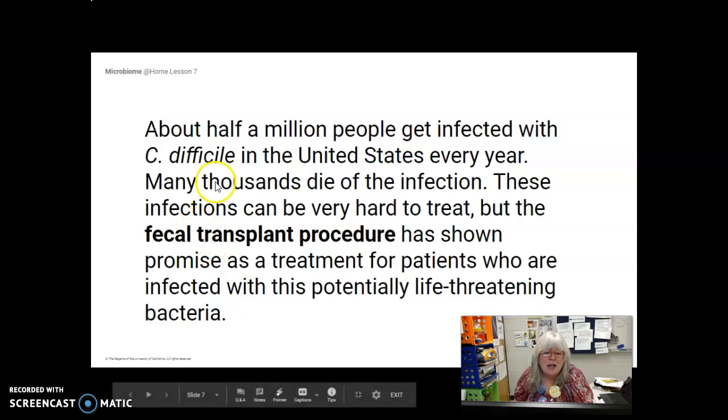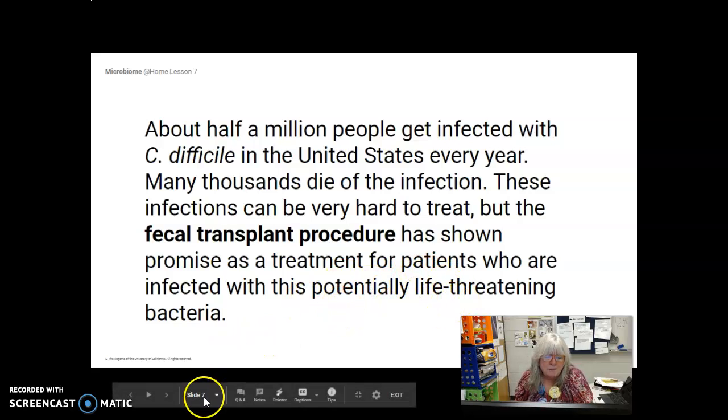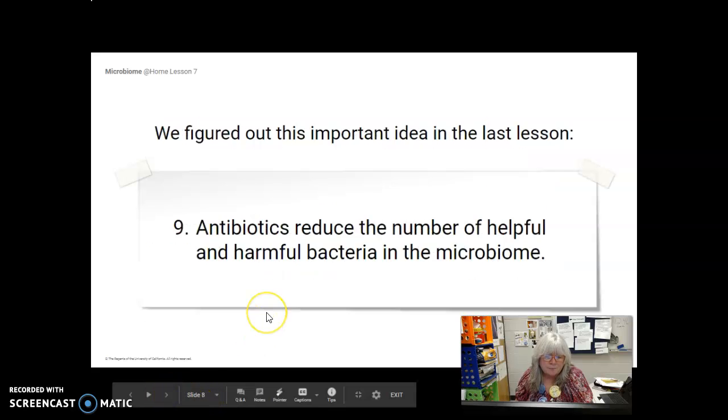And actually, thousands of people die from the infection. The reason is that the infections are very hard to treat. But this new fecal transplant procedure has actually shown promise, and it's been used as a treatment for patients, and it potentially has been helping people with this life-threatening bacteria.